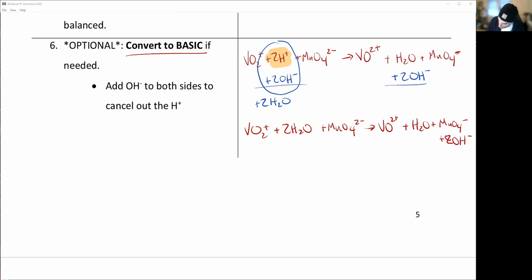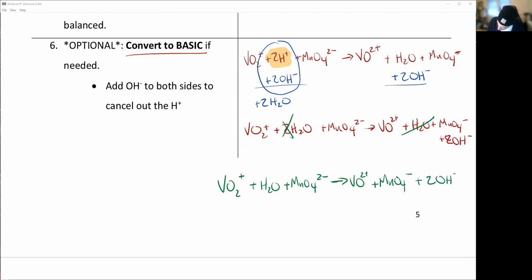Well, at this point, we see I have 1 water on this side, and 1 of those waters is going to cancel. And so what I end up with is VO2 plus 1 water plus MnO4 2 minus yields VO2 plus MnO4 minus plus the 2 hydroxides. This is my basic balancing. So it is now balanced as basic. That's it.